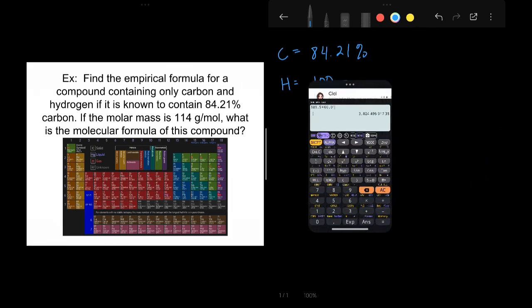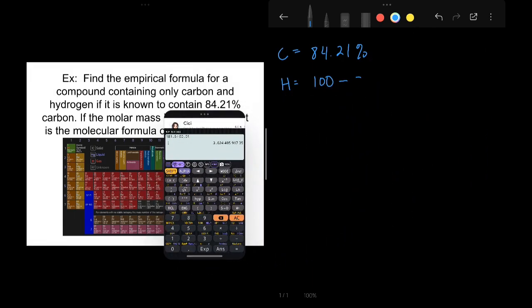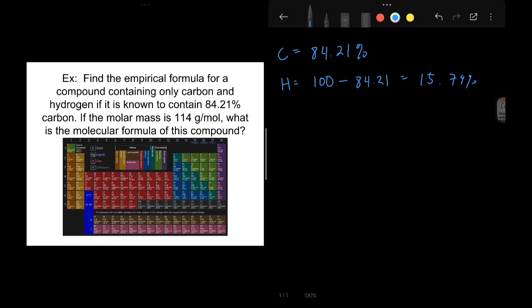So here we're going to calculate: 100 minus 84.21, that will be 15.79%.